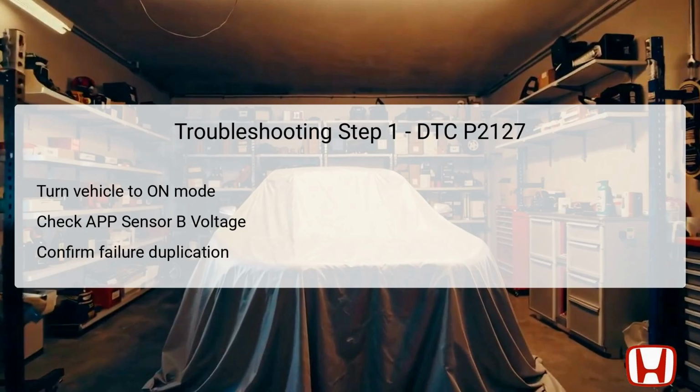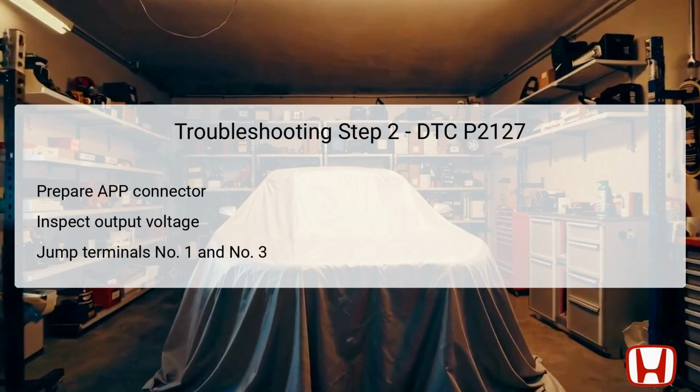According to the diagnostic data, if the APP sensor B voltage value reads below 0.2 volts, this confirms a duplicate failure, indicating the presence of an underlying issue with the sensor or its circuit. This initial step is critical for narrowing down the problem before proceeding to further diagnostics.